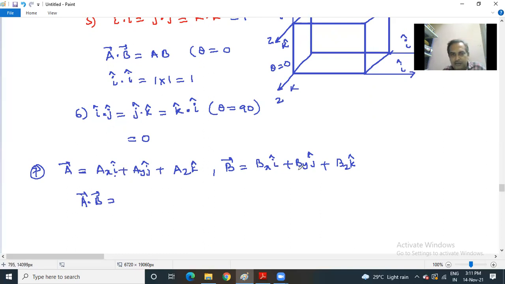General practice is you also need to multiply ax by j, but I dot j is 0. Similarly, I dot k is 0. So you don't need to consider others. It is enough to consider I dot I, j dot j, and k dot k. Therefore, you will get ax bx plus ay by plus az bz. So this is the result. In case some numbers are given for ax, ay, az and bx, by, bz, you can proceed accordingly.